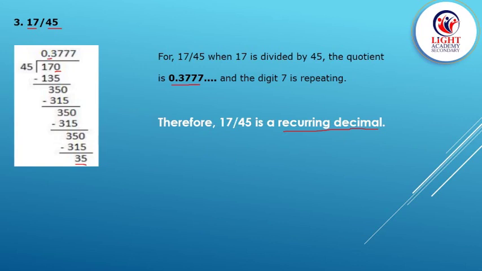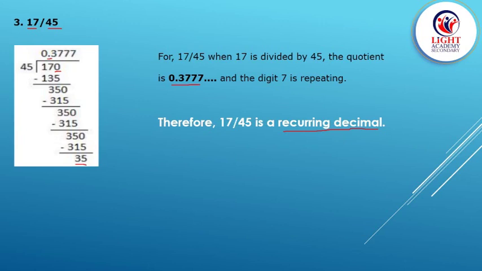Again you see, 45, the divisor, is bigger than the dividend. So we put 0 there, so it makes 350. Again you divide by 45. 45 times 7 gives you 315. When you subtract it, it gives you 35. Again you put 0, again you multiply by 7, it gives you 315, and when you subtract you get 35.